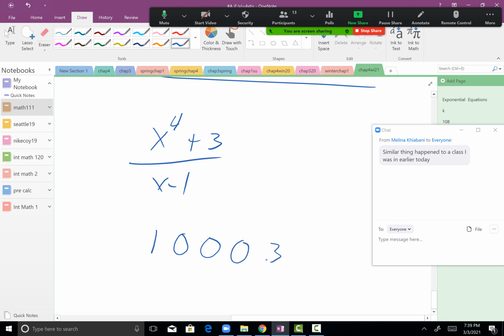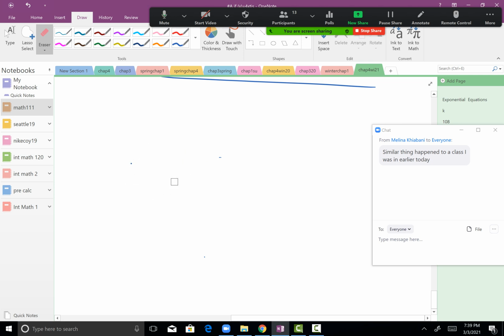So you have to have those placeholders. That's what I'm saying. If there's not a power there, then you have to put a placeholder, a 0 in there.